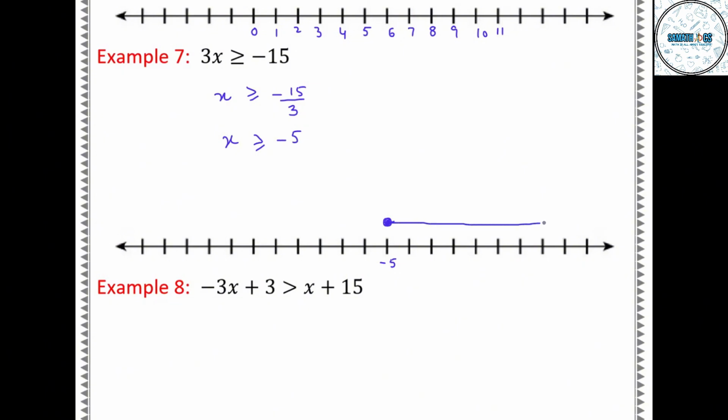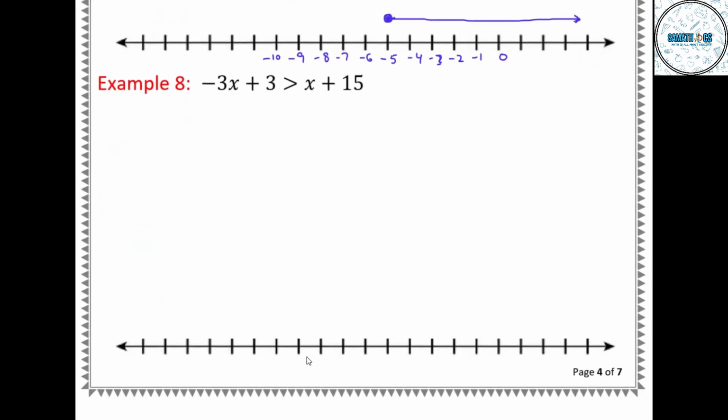So we will draw a line, and then we can mark the numbers over here: minus 4, minus 3, minus 2, minus 1, 0, minus 6, minus 7, minus 8, minus 9, minus 10.